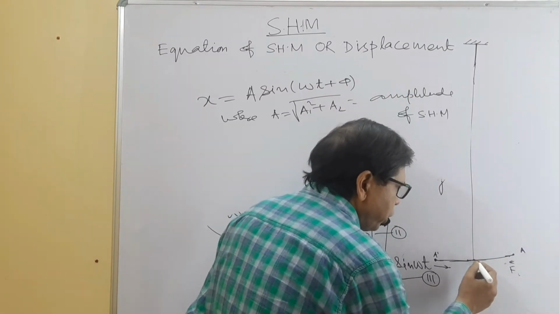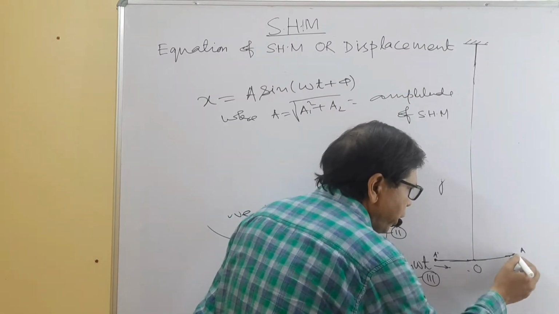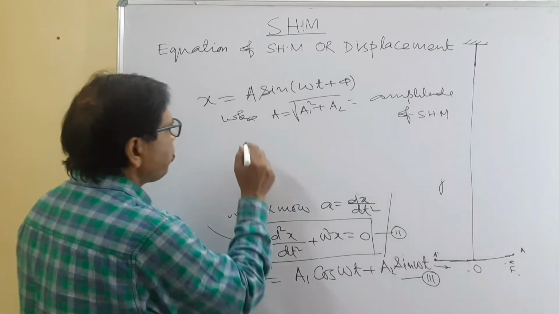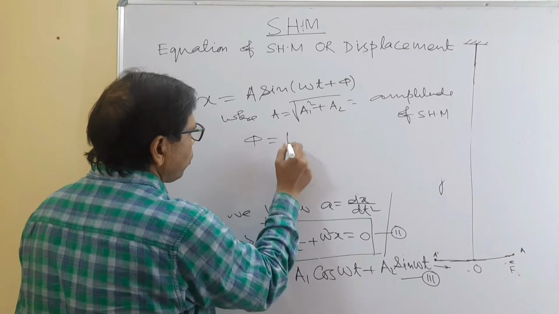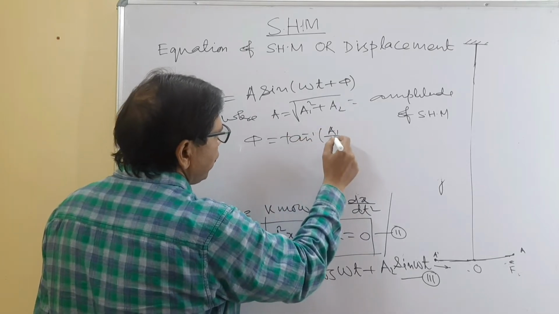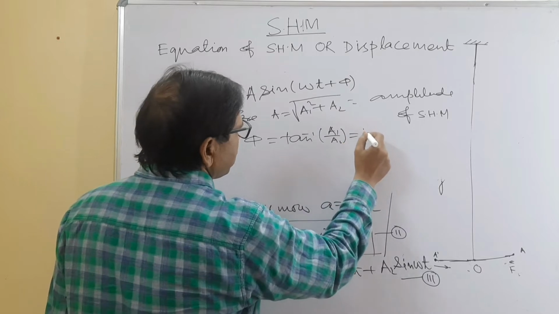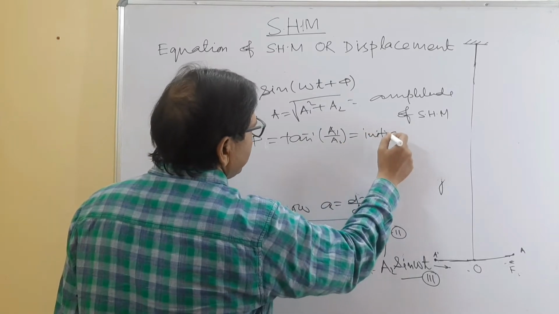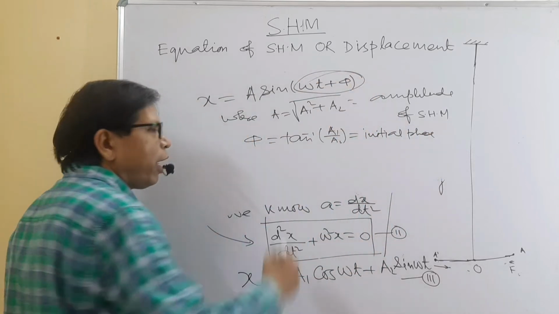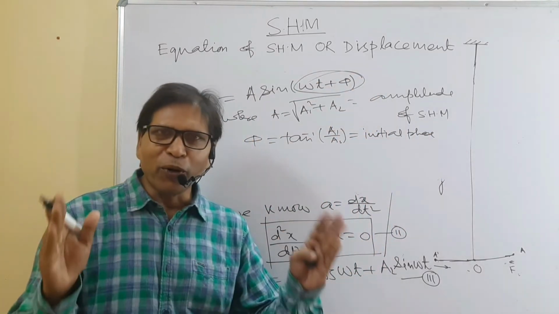Amplitude is the distance between the mean position and the extreme position, and phi equals tan inverse a1 by a2 is called the initial phase, and omega t plus phi is called the total phase.